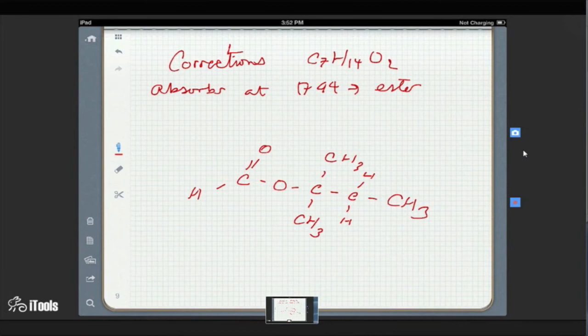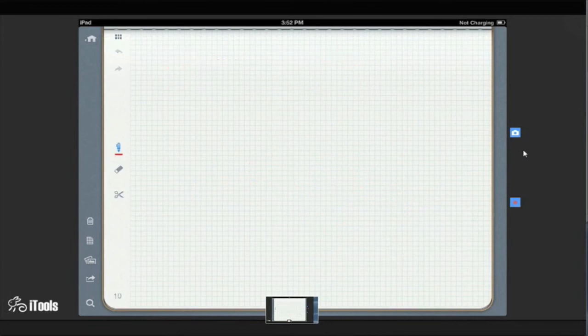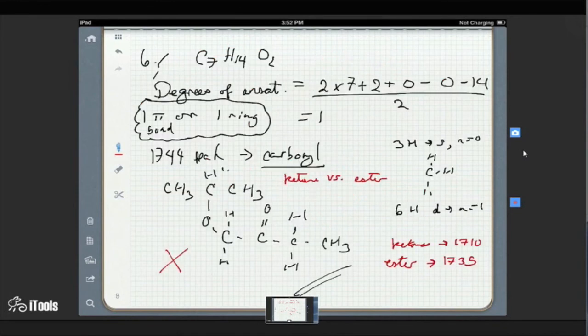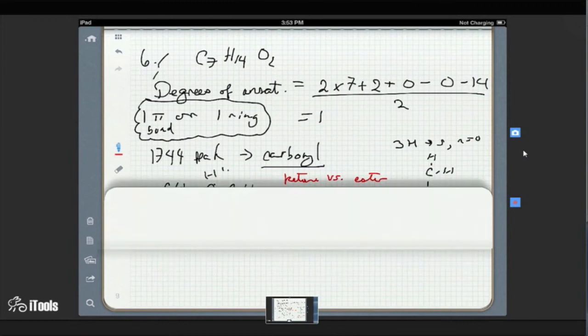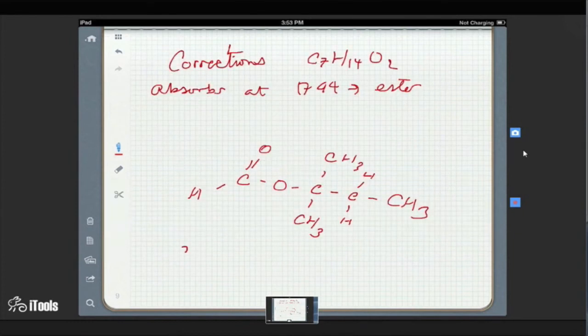Looking at this, maybe this H is in a different place. Oh, you know what?